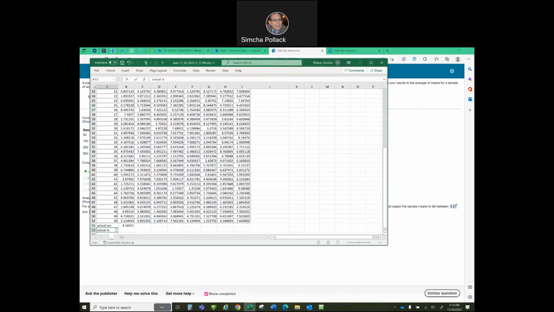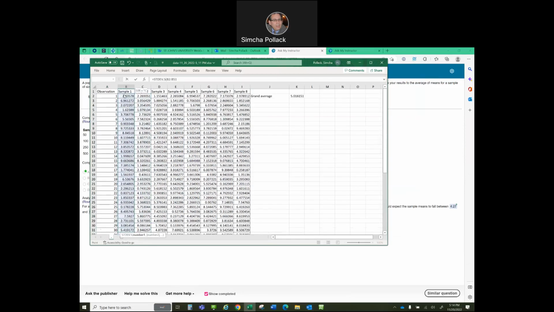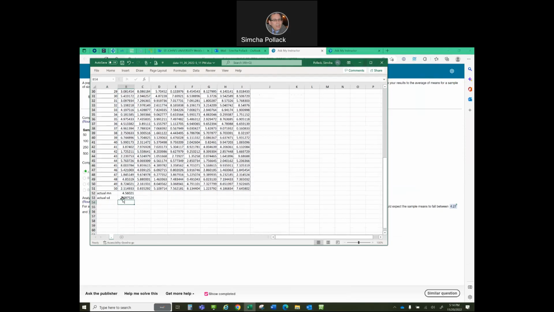You want the actual standard deviation of these 50 numbers, and that's done by typing in the equal sign, STDEV. We want the sample standard deviation, and we want the values from B1 through B51. Enter, and this comes out to 2.69.